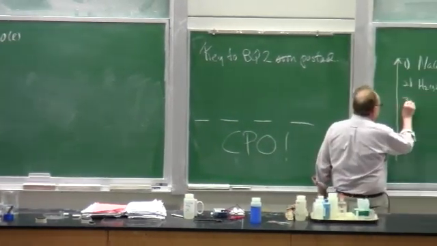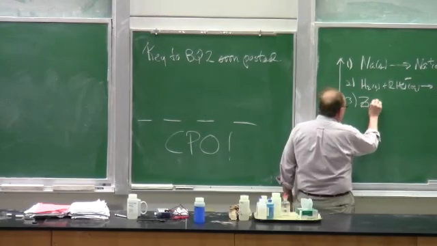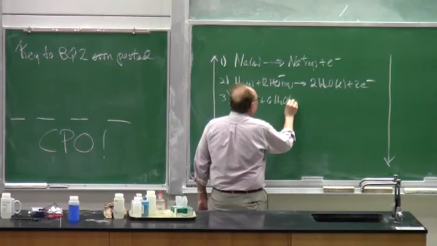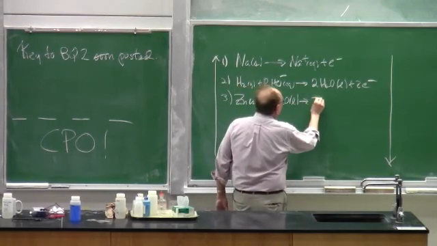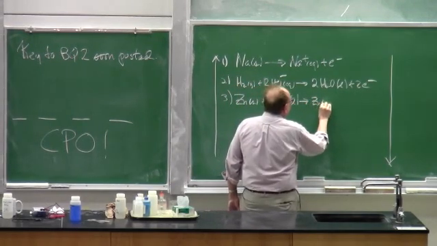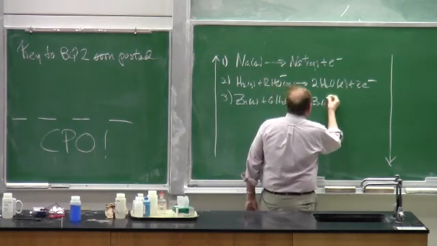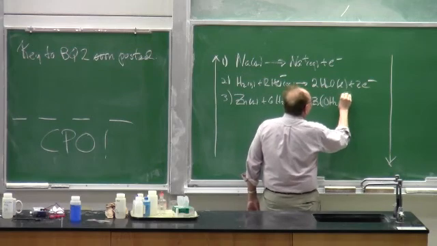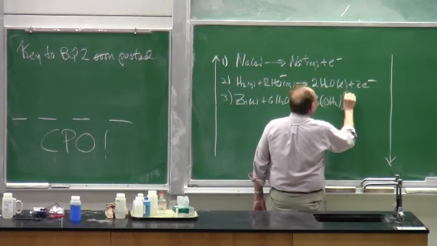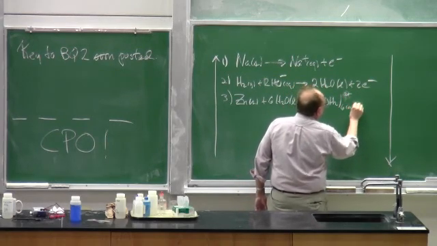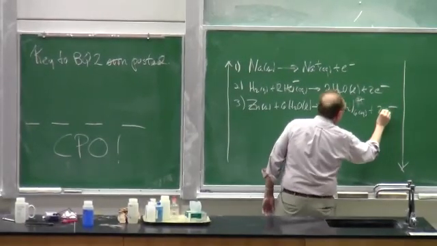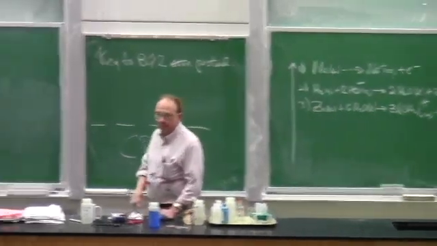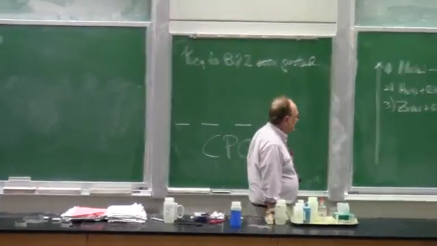So, we'll take the liberty of adding this half reaction. The half reaction involving the oxidation of zinc to the hydrated zinc ion, and put it in the table as reaction number 3.